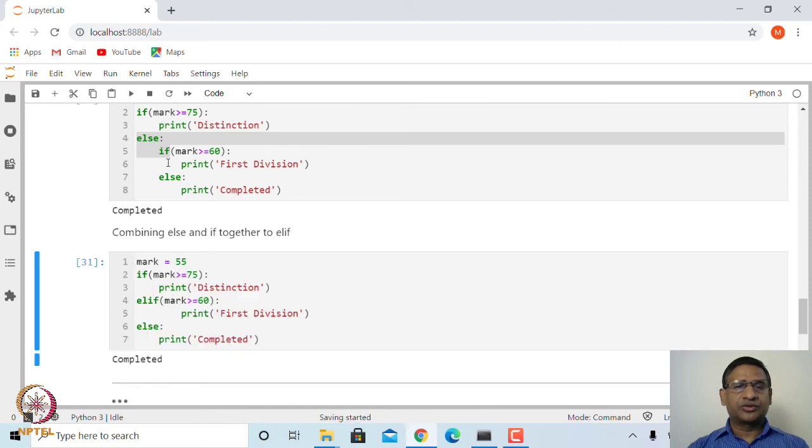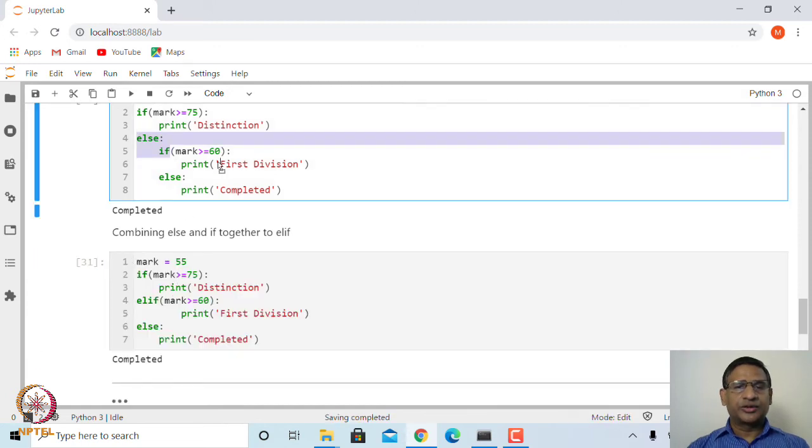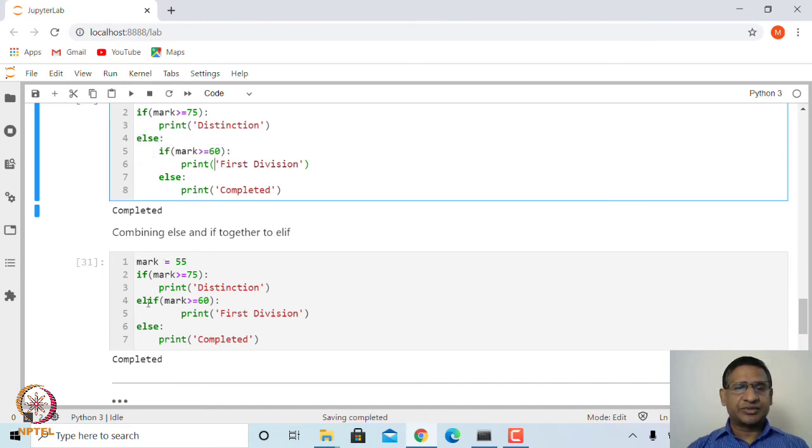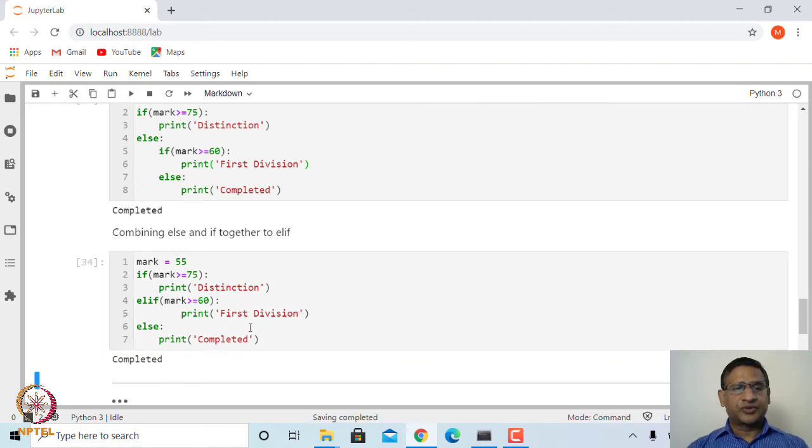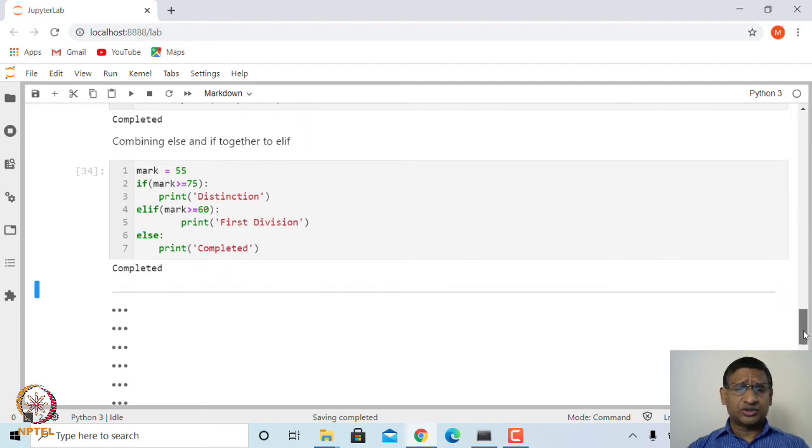In this case you see that this else and if are combined together in elif, and then if marks is greater than equal to 60, then first division, else print completed. So, you are just saving a few lines. Okay. Right. So, you can actually have many nestings, you can have so many conditions inside.